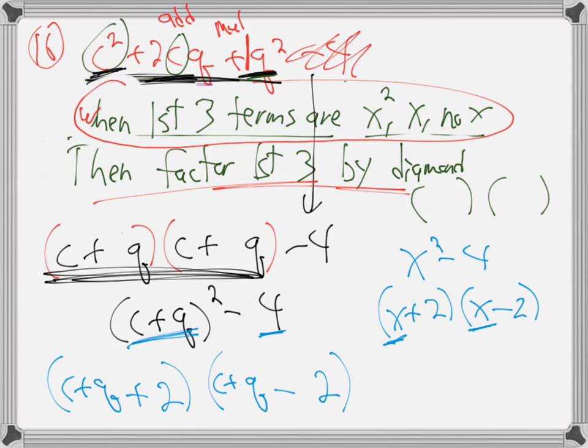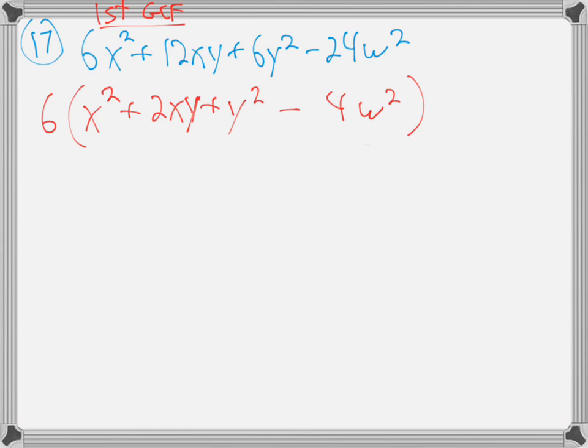Otherwise, do a 2-2. Does that make sense? So let's ask ourselves, do the first three fit the form x squared, x, and no x? Yes, they do. Just like the last problem, we're going to do a 3-1, not a 2-2. You tracking with me?